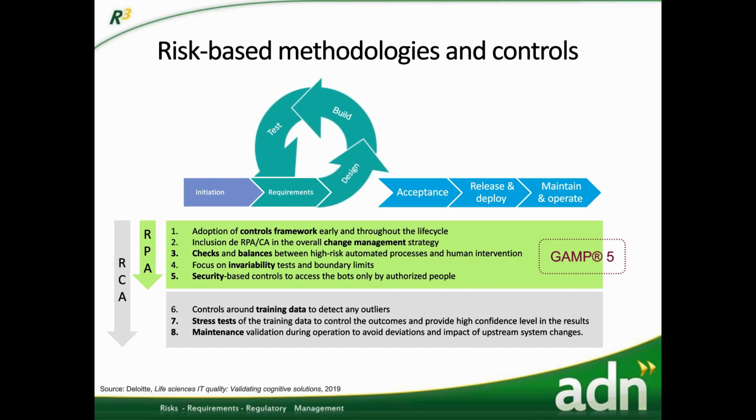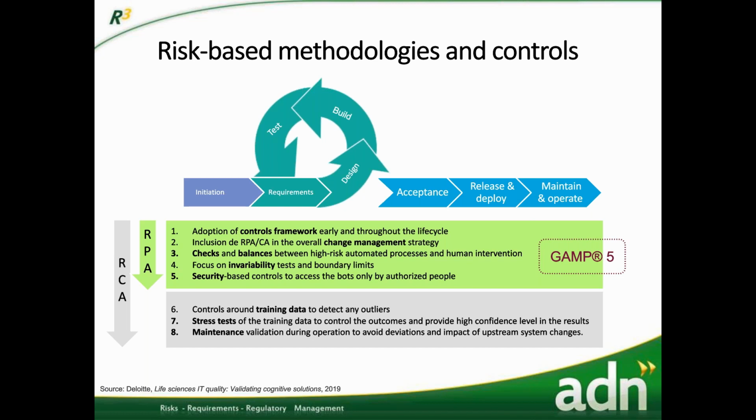So here there's a clear shift between the way that we perform validation historically against user requirements. Here we perform validation against still user requirements, but also against data, because the data will determine the way the algorithm will react.